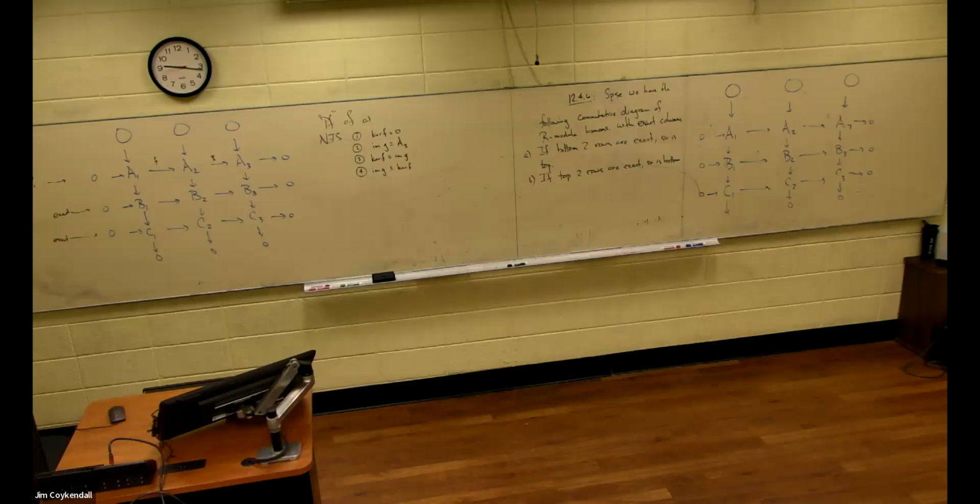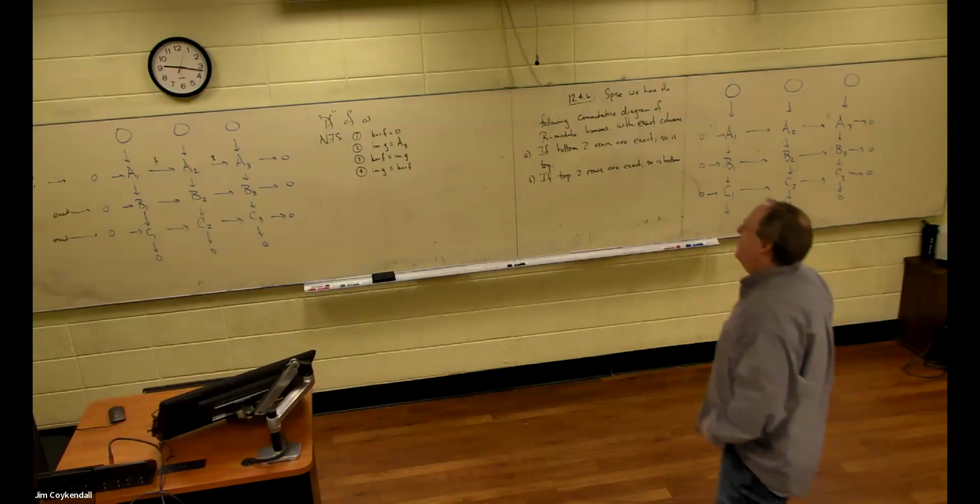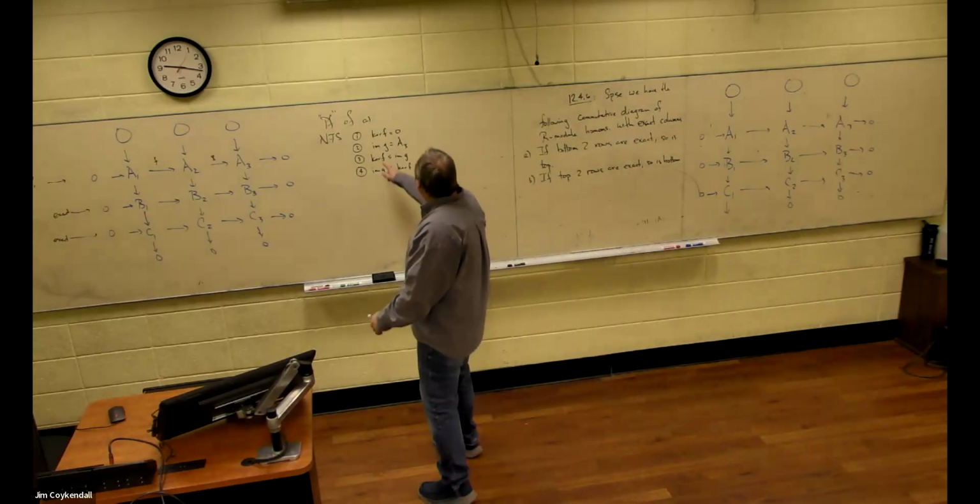Everybody with me on Saturday? Yes. The kernel of F is in A1, but the image of G is in A3. Right? Yeah, that's right. I've already got these up here.